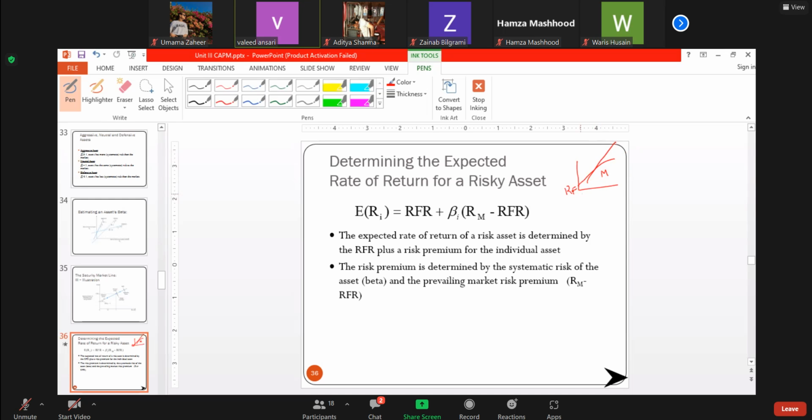There was no change in the calculation of portfolio return, that is the weight, the amount of money invested in risk-free and the rest in the risky asset when you combine it.